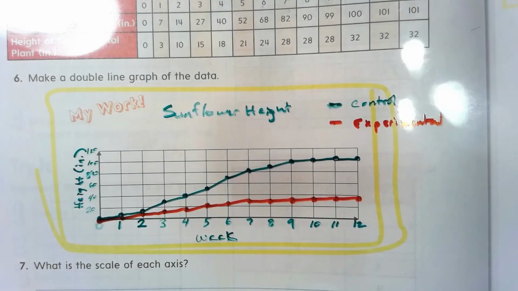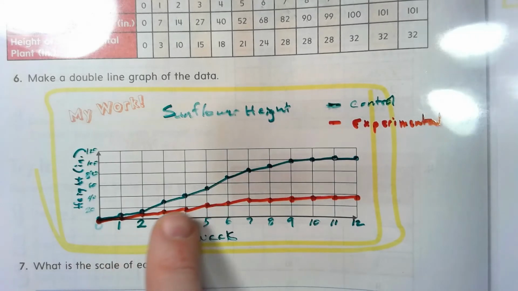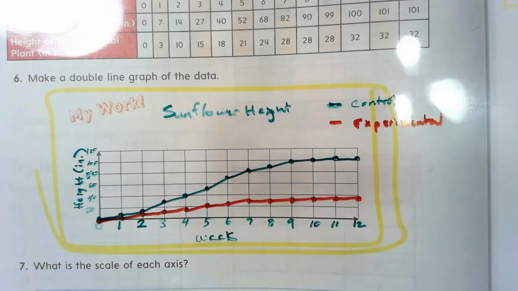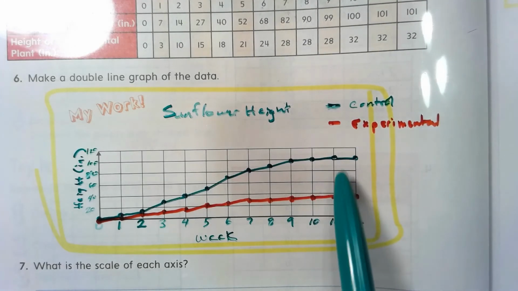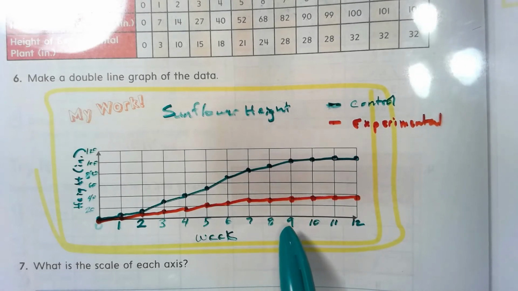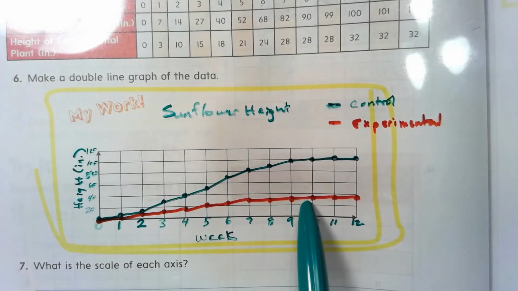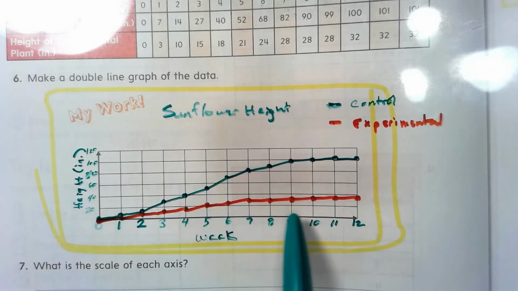So now to interpret this graph, it appears that the control plant, like I said before, reached maturity somewhere between week 10 and week 11, because after week 11 it didn't grow anymore, whereas the experimental plant reached maturity also around week 10. The only difference is that the experimental plant obviously didn't grow anywhere near as high.